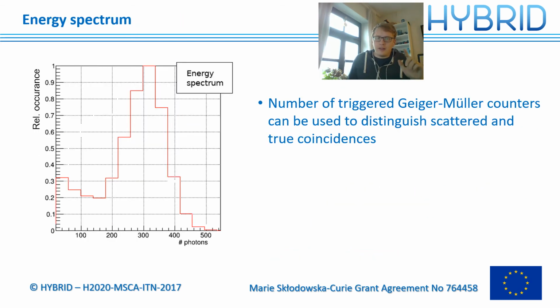You would never be sure that it was a 511 keV photon because there is something like detector resolution. So the number of triggered Geiger-Müller counters can be used to distinguish scattered and true coincidences to an extent.